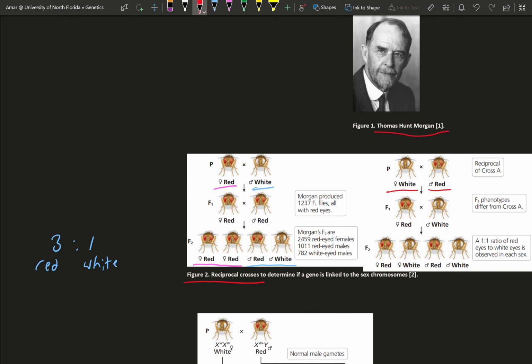And from this reciprocal cross, if you get different results in your F1 generation, or even in your F2 generation, then this trait is sex linked to the sex chromosome, instead of being autosomal, instead of being a gene that isn't located on the X chromosome. So basically that would be a reciprocal cross.